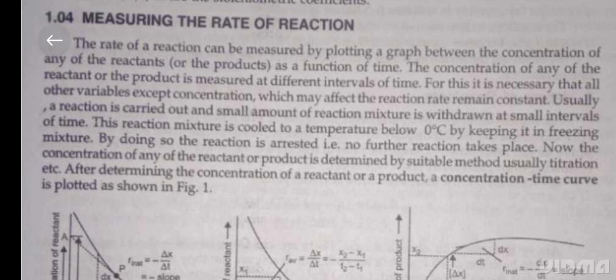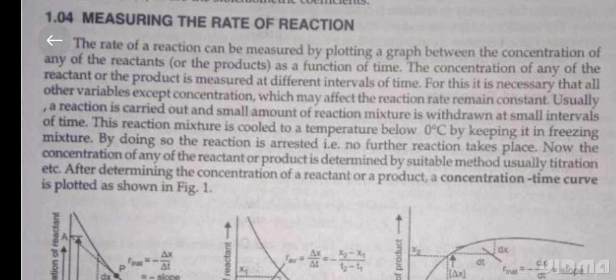The concentration of any of the reactant or the product is measured at different intervals of time. For this, it is necessary that all other variables, except concentration, which may affect the reaction rate remain constant. Usually a reaction is carried out and a small amount of reaction mixture is withdrawn at small intervals of time.